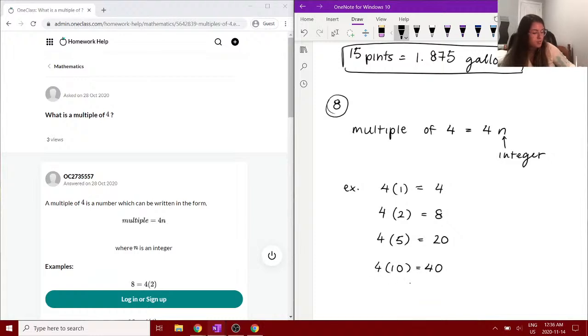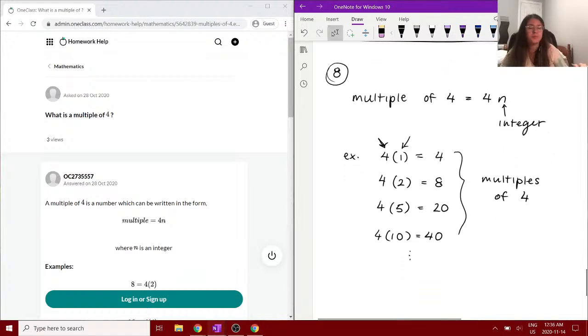And of course, you can go on with the unlimited numbers. And all of these answers, when you multiply 4 by an integer, are all considered as multiples of 4. Okay? So that is what a multiple of 4 is.